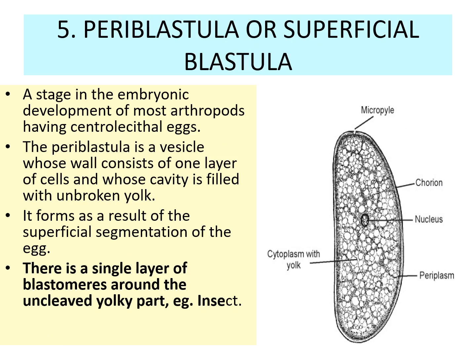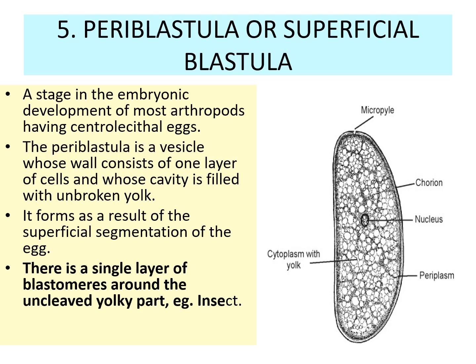Next type of blastula is periblastula, or superficial blastula. It is a stage in the embryonic development of most arthropods, which have centrolecithal eggs. The periblastula is a vesicle whose wall consists of one layer of cells, whose cavity is filled with unbroken yolk.